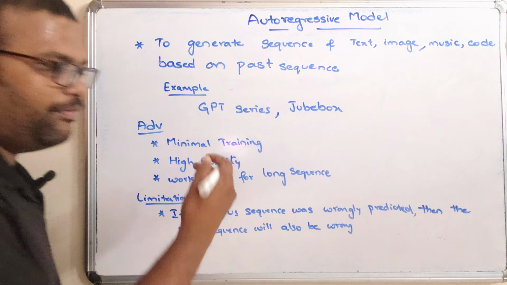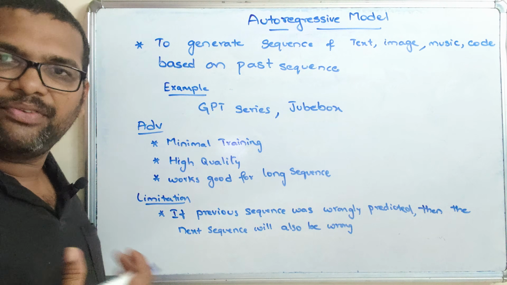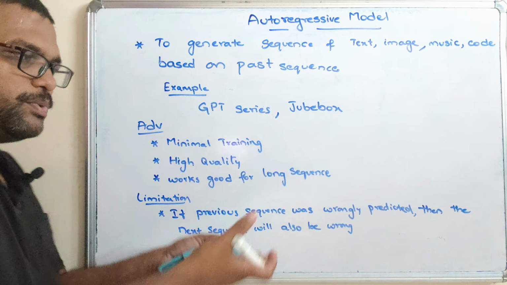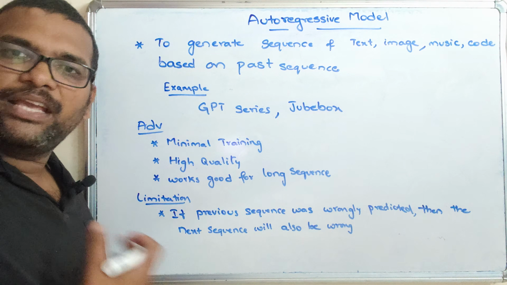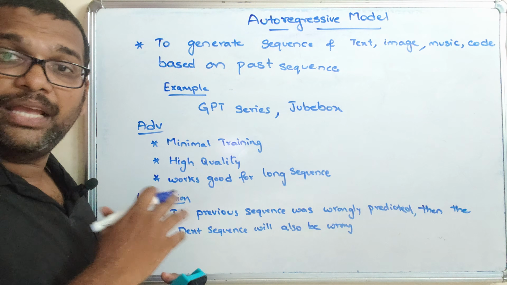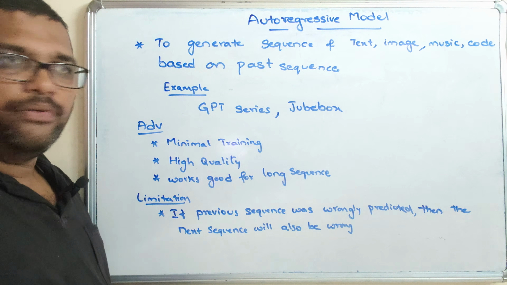It keeps on moving, repeatedly executing the same thing. So if the previous sequence was wrongly predicted, then that will be carried forward to all the generated sequences. That is the main drawback of this model.